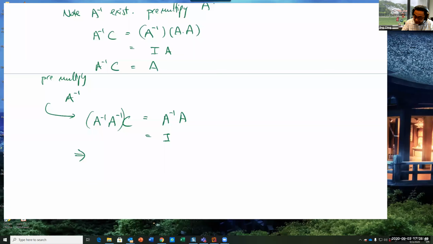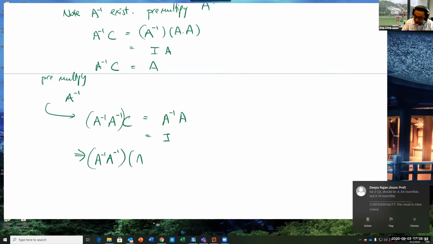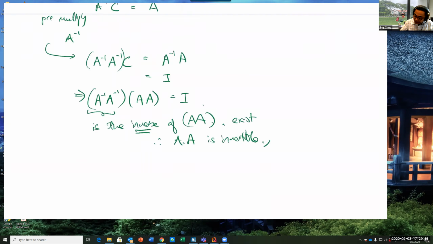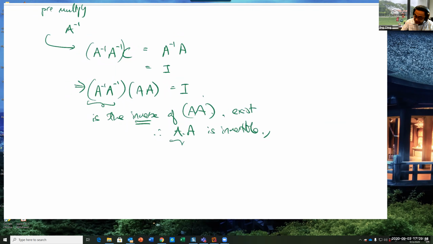So A inverse, A inverse, A times A equals I. So this guy is the inverse of A squared. Since the inverse exists, therefore A times A is invertible. And since it is invertible, and the size is n by n, therefore the columns span Rn.